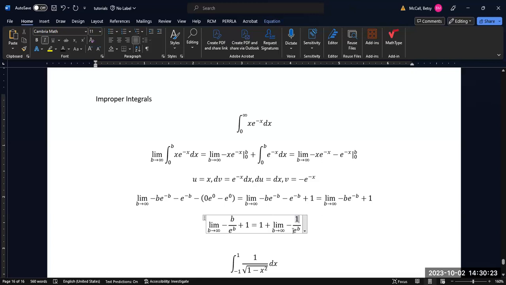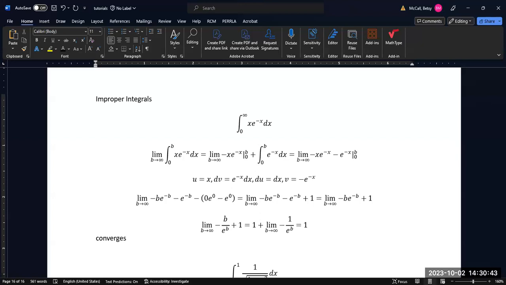And so that's going to go to 0. And so this will converge to 1. So with an improper integral, we say that this converges because we get a finite value. If the limit doesn't converge, if it goes to infinity or is undefined, then we would get divergence.